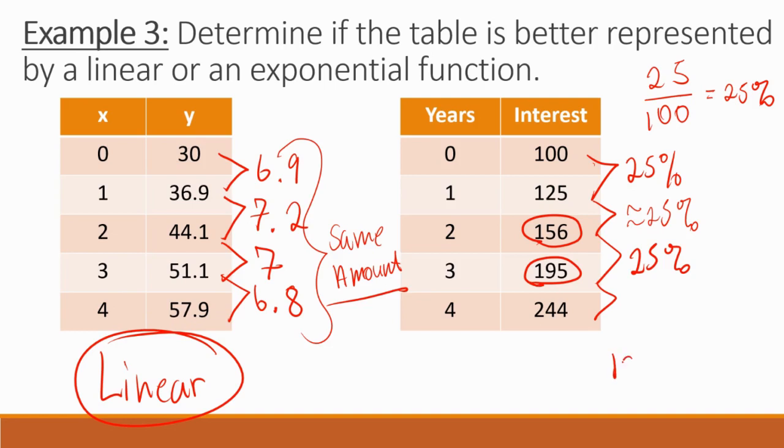So what's 195 times 0.25? Oh, well, that gives me 48.75. We said that this goes up by 49, which is pretty close to 48.75. So yeah, this one roughly goes up by 25% as well. All right, so this one looks like it's going up by the same percent every time or very close to it. So in that case, it's going to be an exponential function.